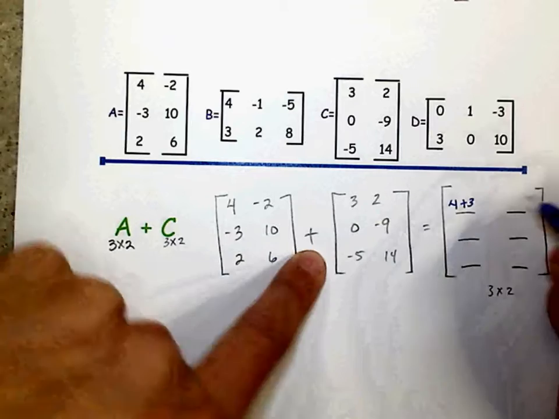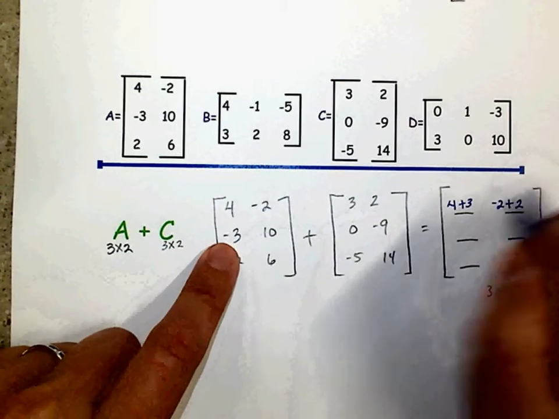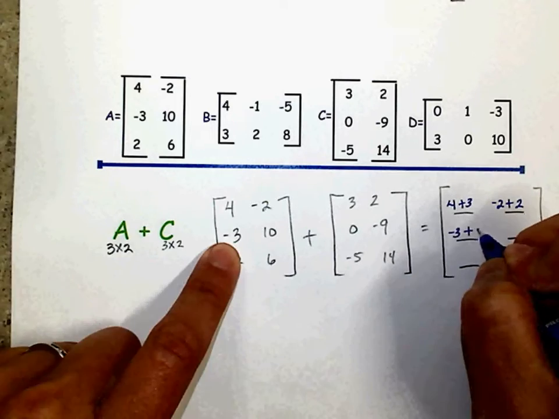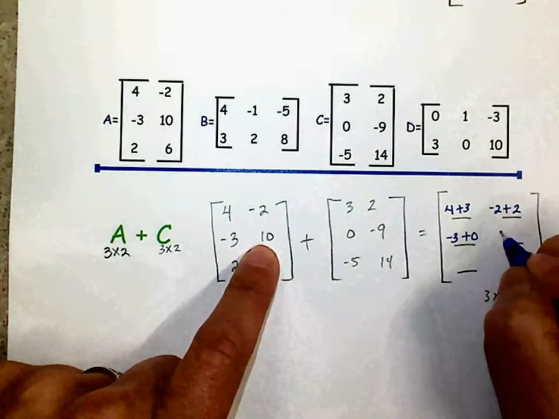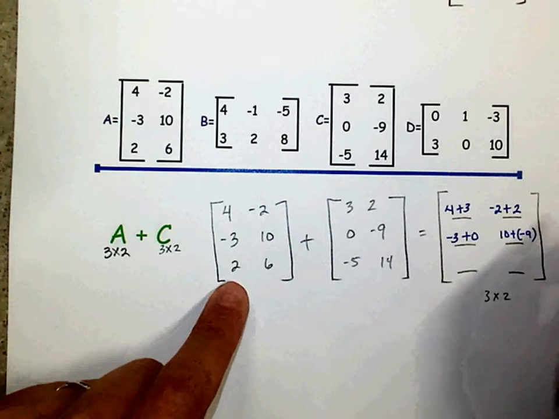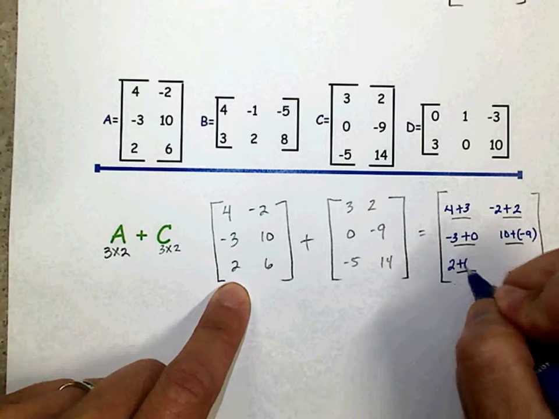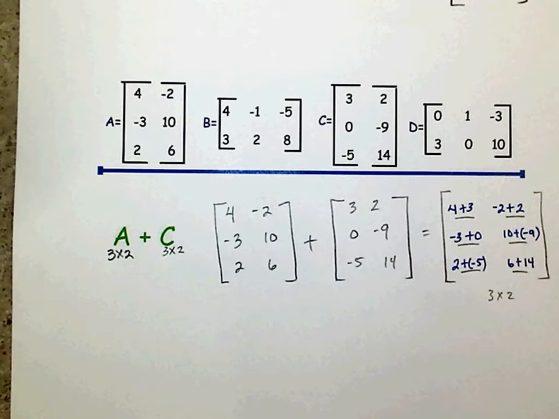See the plus? Negative 2 plus 2, negative 3 plus 0, second row, first column, 10 plus negative 9, okay, 2 plus negative 5, 6 plus 14.